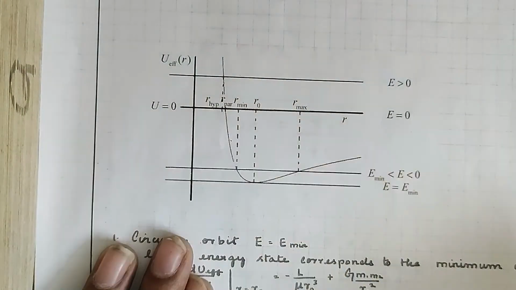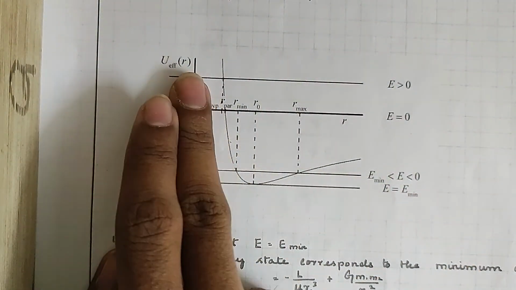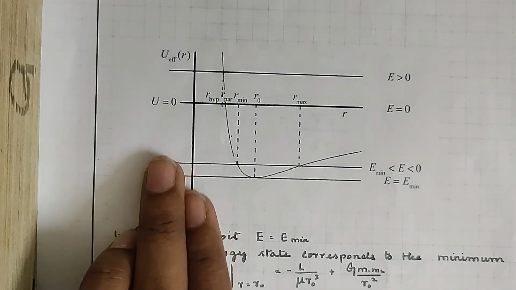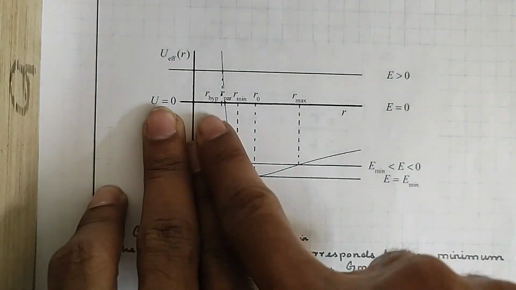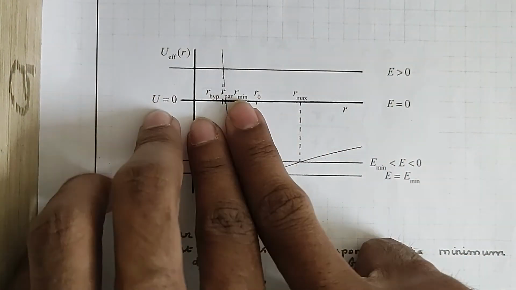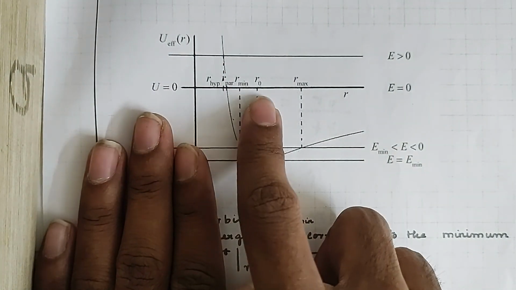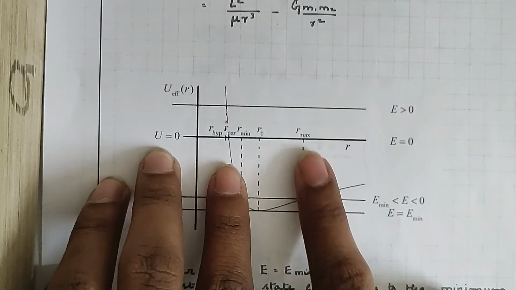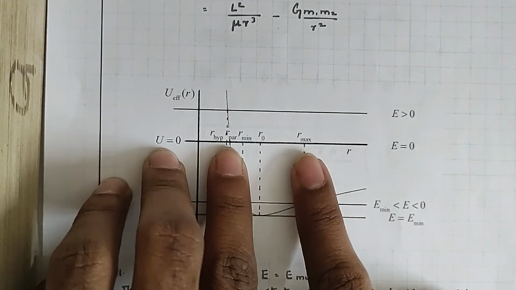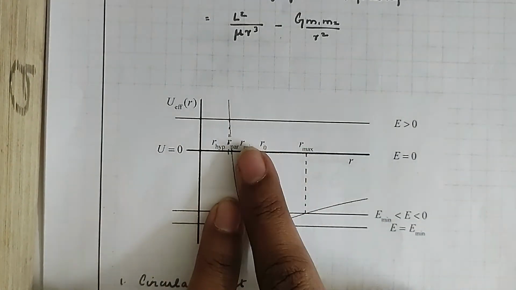So this is how the graph looks when we plot U effective against R, and U equal to 0 is just the straight line where we have represented R hyperbolic, R parabolic, R minimum, R naught and R maximum.